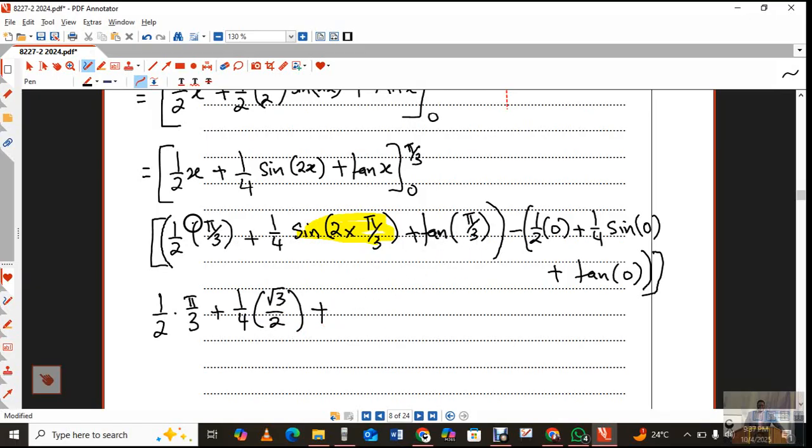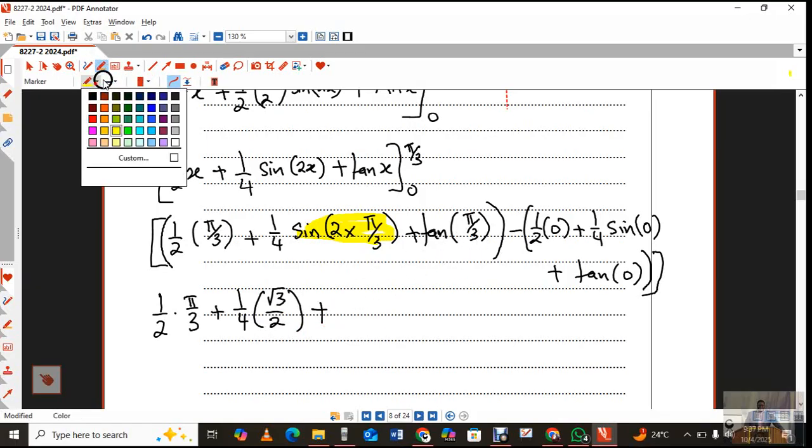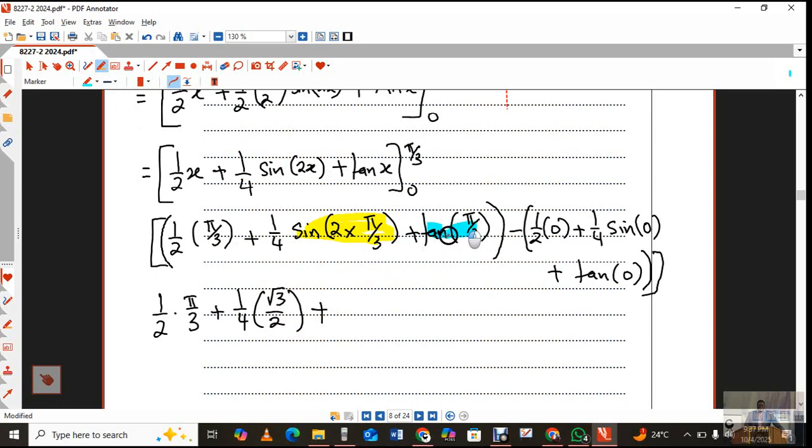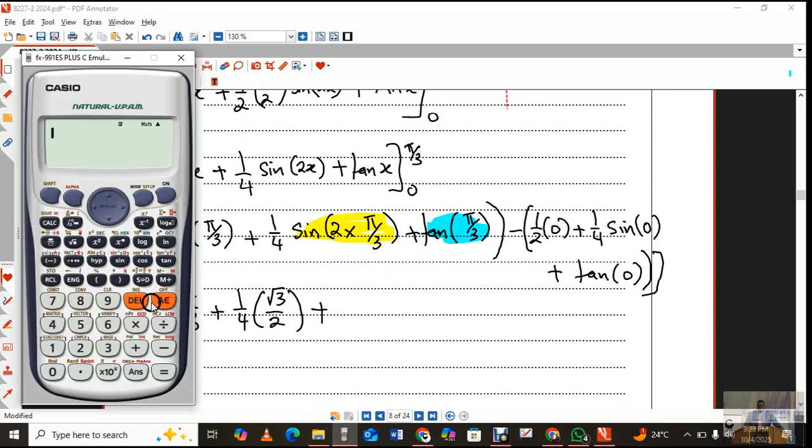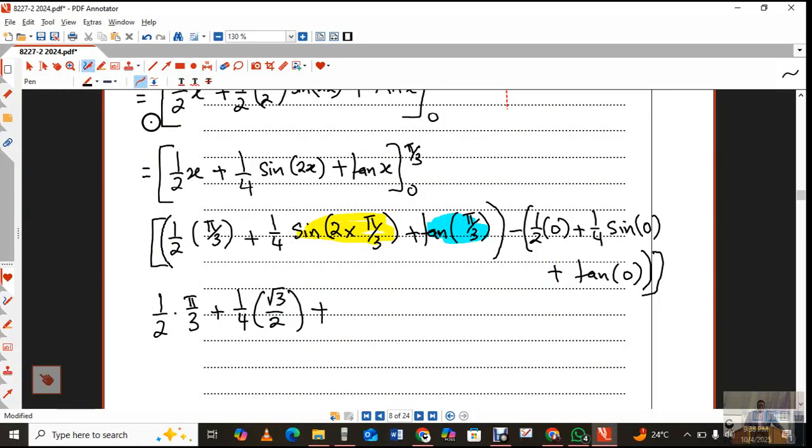Plus, I'm going to use my calculator again, and I'm going to calculate this part here. Although I might know what it is from special angles, I want to show you step by step. So that's tangent of pi over 3. What do we get? We get root 3. So that is root 3, that plus root 3.